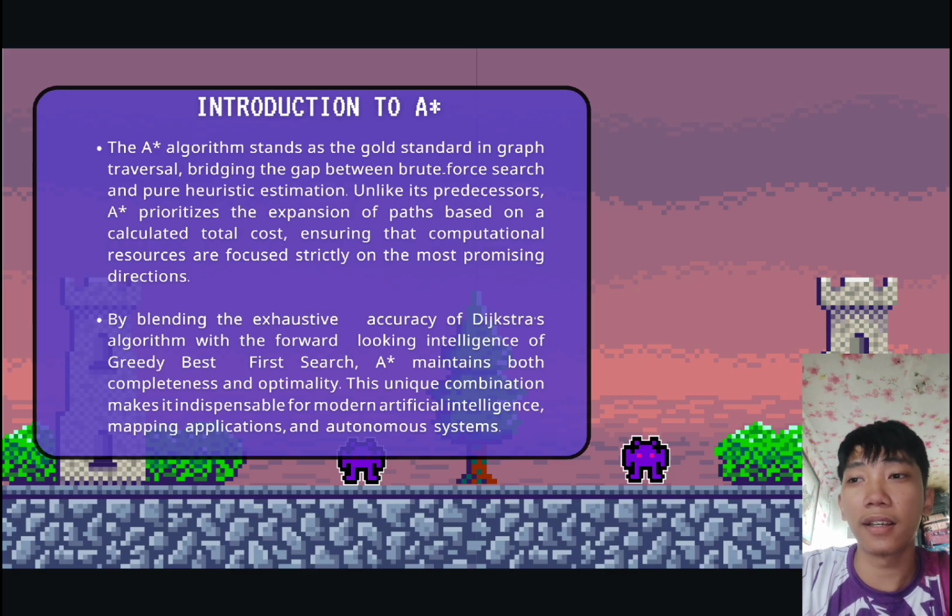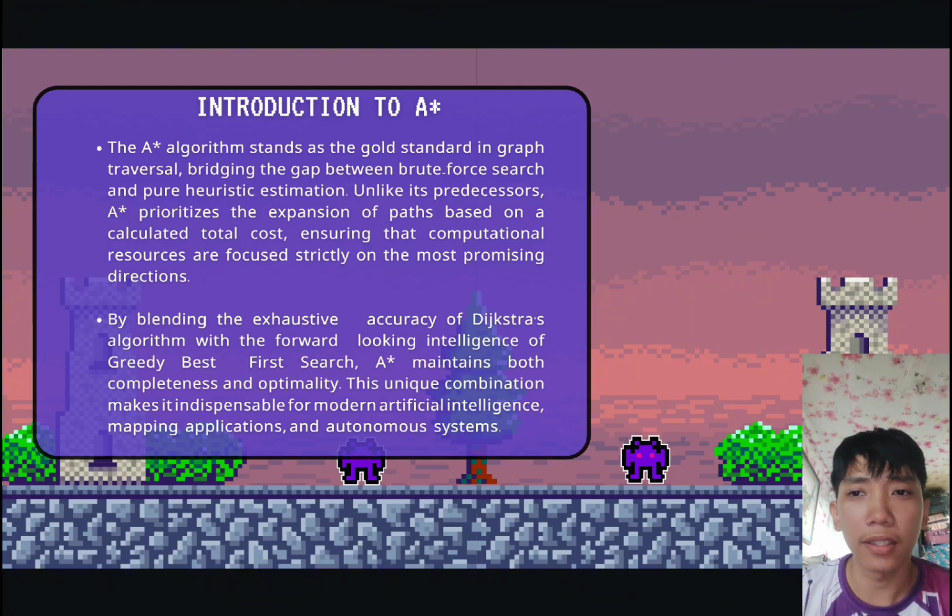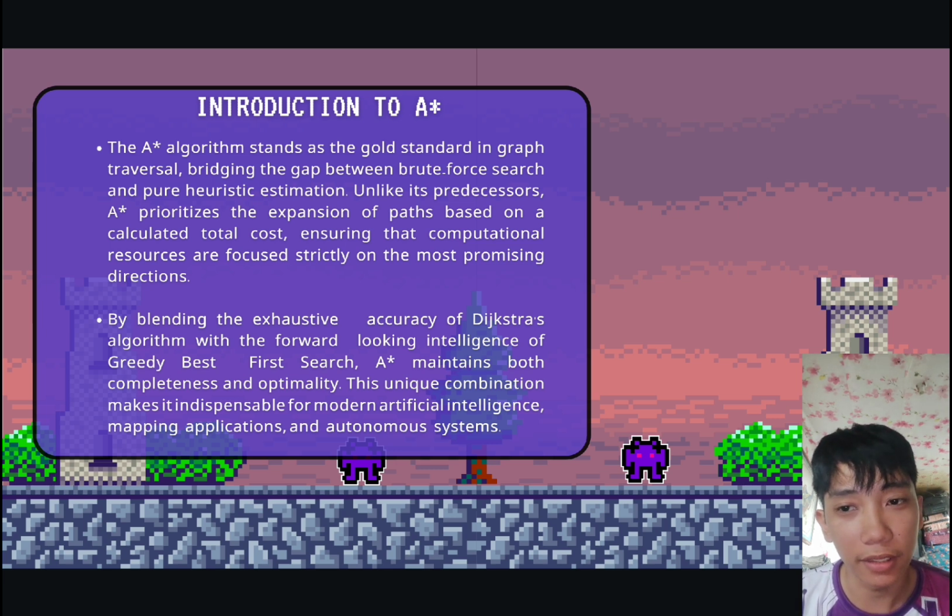By blending the exhaustive accuracy of Dijkstra's algorithm with the forward-looking intelligence of greedy best-first search, A-star maintains both completeness and optimality. This unique combination makes it indispensable for modern artificial intelligence, mapping applications, and autonomous systems.